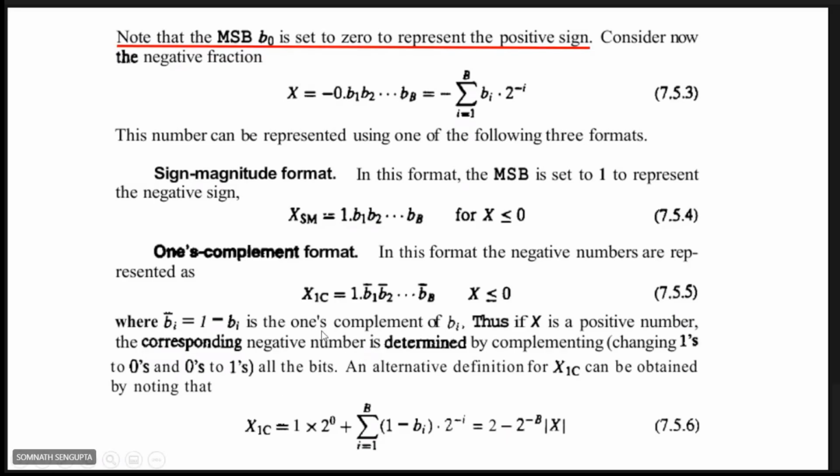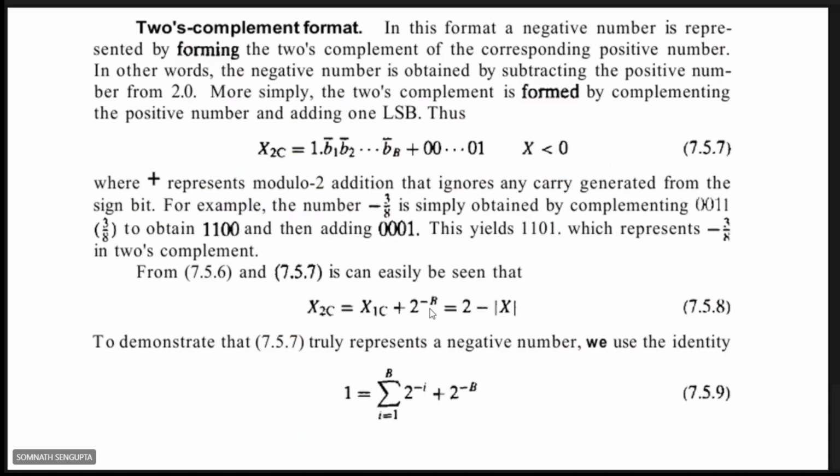And in the case of 2's complement, first you calculate the 1's complement, then you add 1. You can see here this equation 7.5.7. First you calculate the 1's complement, like 1 dot b1 inverted, b2 inverted.